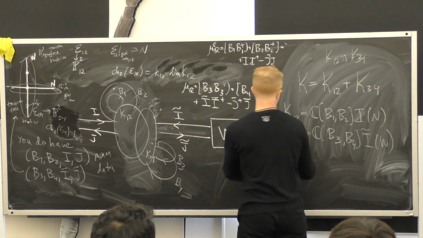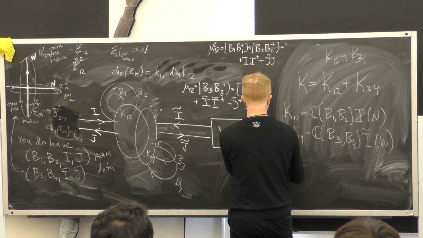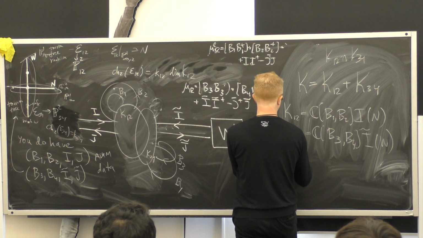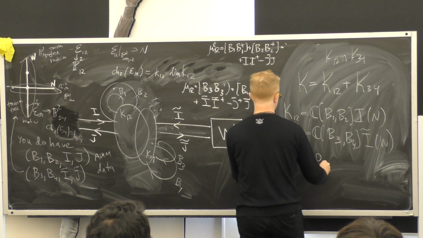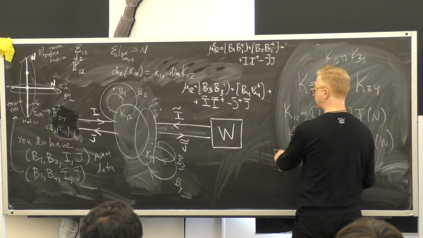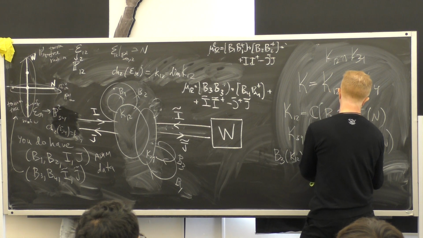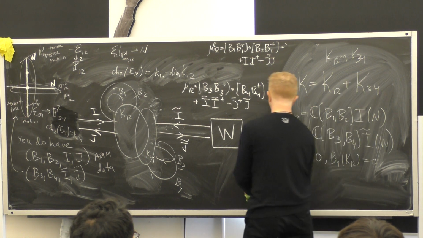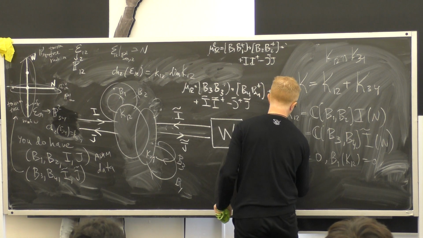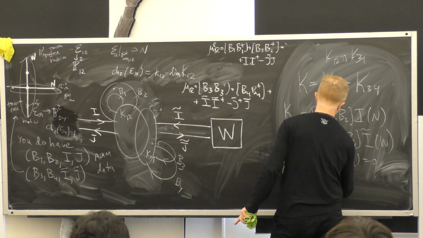Because from these equations, it follows that B3 kills everything in K12, and so does B4. And similarly, B1 kills everything in K34, and so does B2.